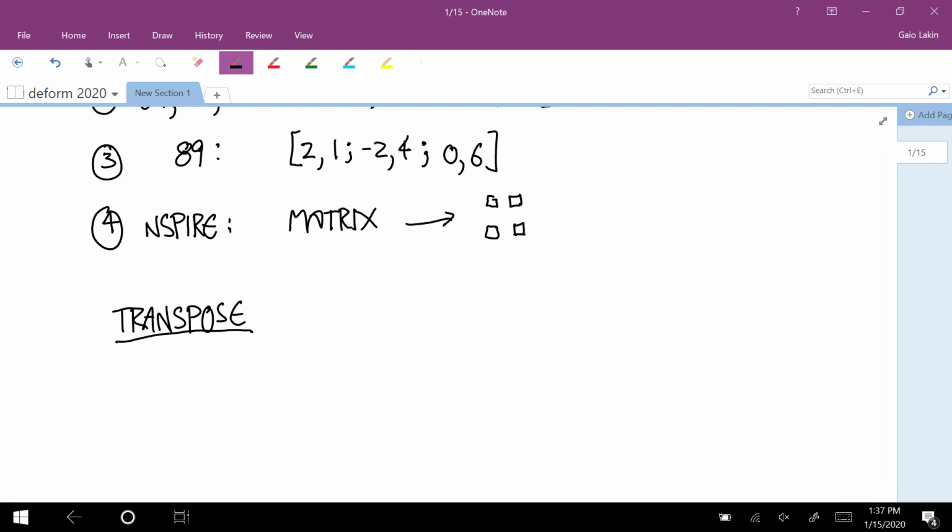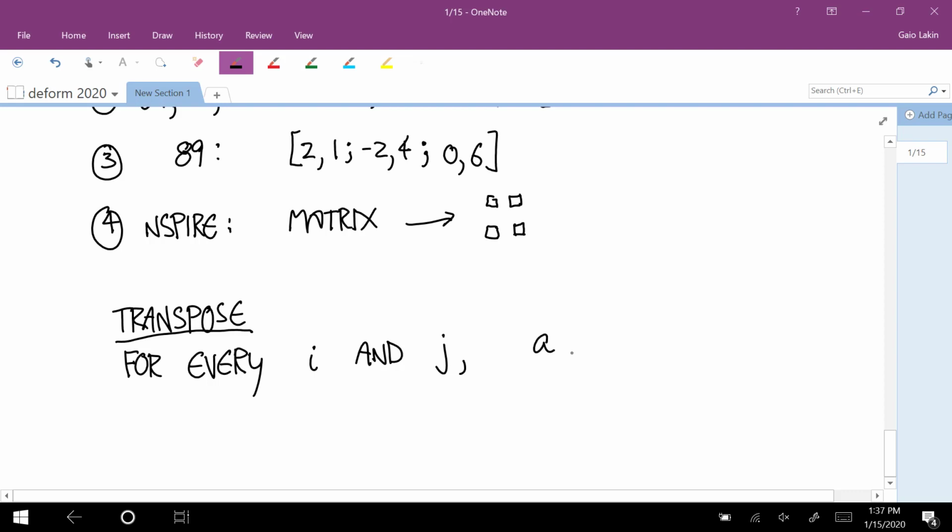The way you do a transpose of a matrix is, for every i and j, the ijth element of your new matrix is the jith element of your old matrix. The effect of that is you're changing rows to columns and columns to rows. In a way, you're kind of just dropping it over on its side.